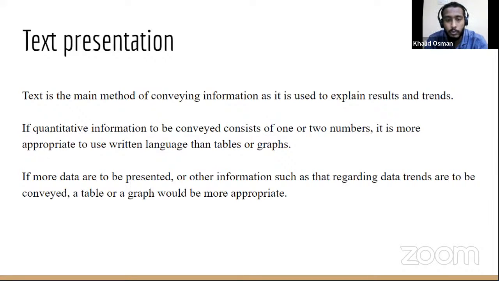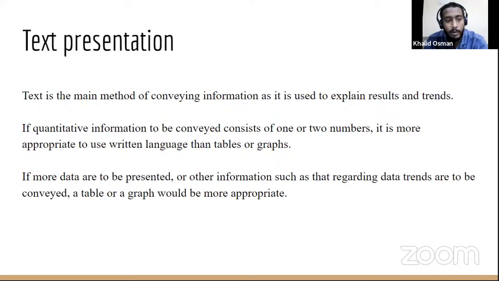If you try to convert that into a table or a graph, you will just take more space than is needed, and it wouldn't make understanding the result easier. So in these types of research, it's just better to put the results in text.